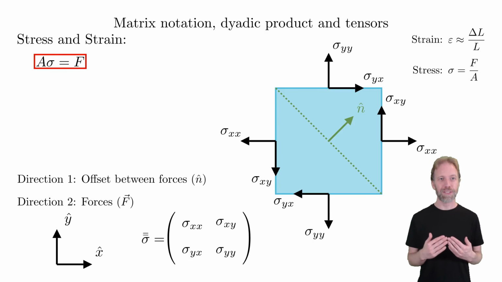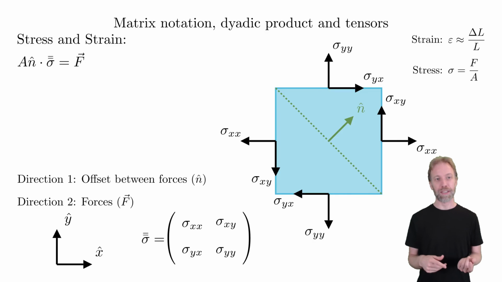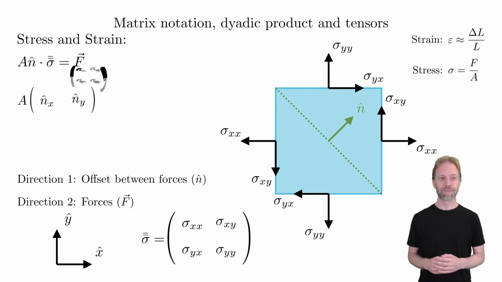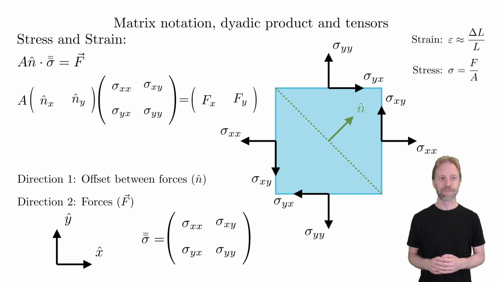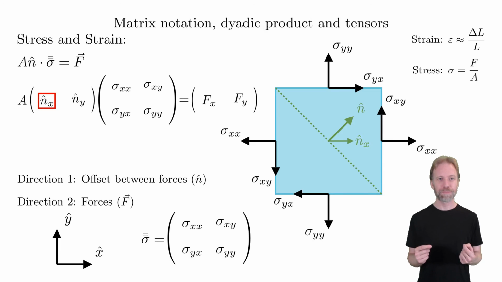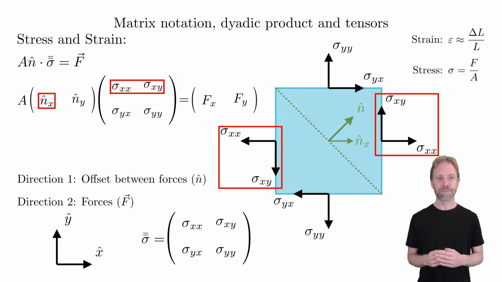Convert this into a vector equation by adding the normal direction and take the dot product with the stress tensor. Let us write it on matrix form. Start with the n hat x term, which will give the contribution from these terms.